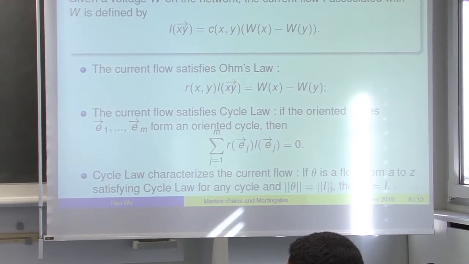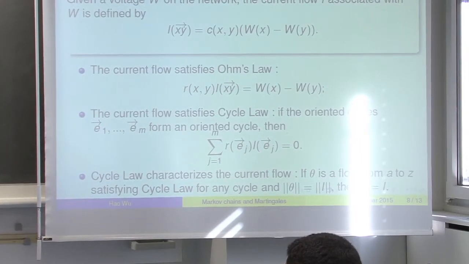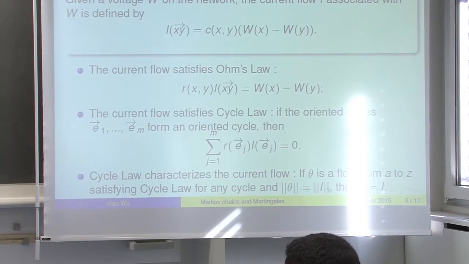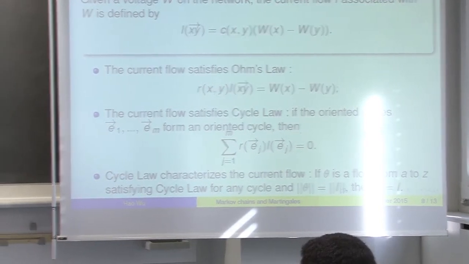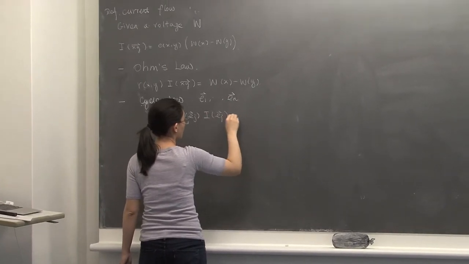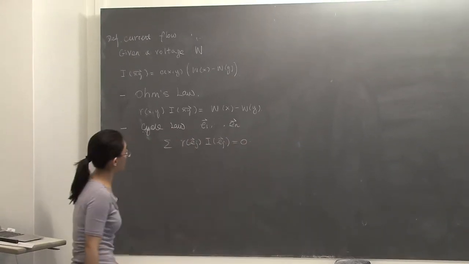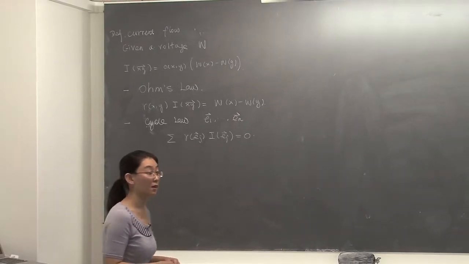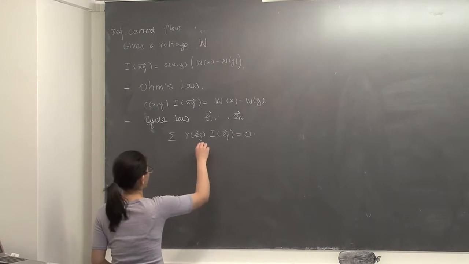Okay, for the cycle law, it means that if we have a sequence of oriented edges and the sequence of edges form a cycle, then the resistance times the current along this cycle sums to 0. So we can check this property directly.